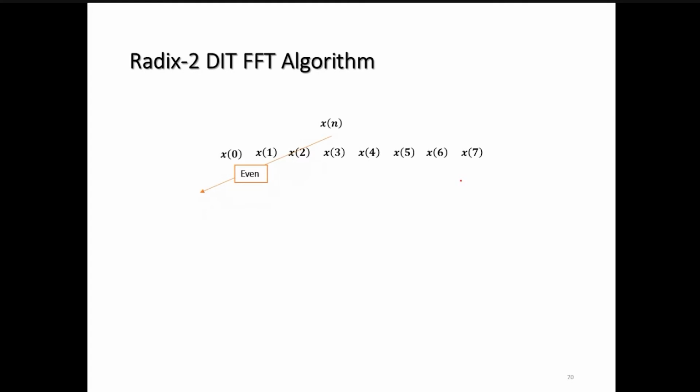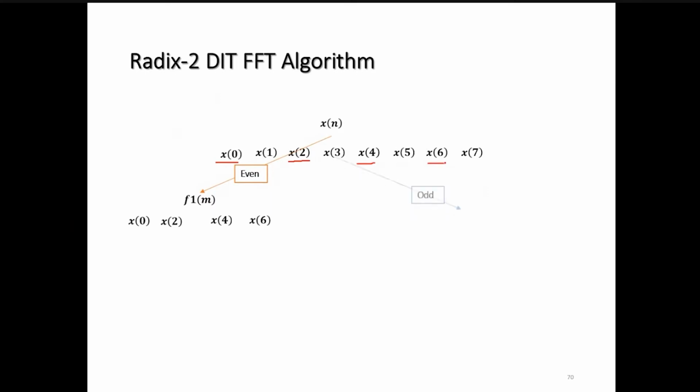Now we start the splitting, or the decimation process. In the decimation, first we apply the n by 2 division. This means the 8 points are divided into two sequences of 4 points each. The first sequence is f1m, the even sequence, in which we club all the even terms, that is x0, x2, x4 and x6.